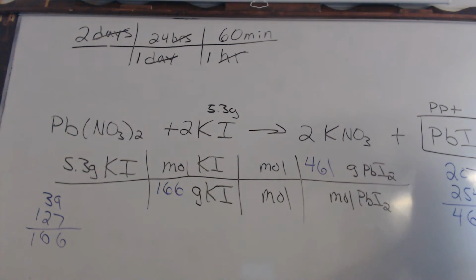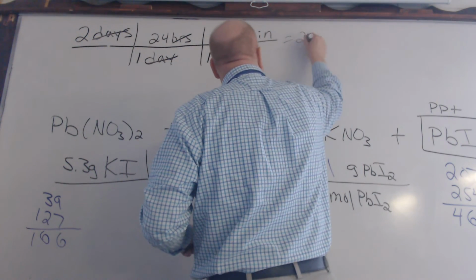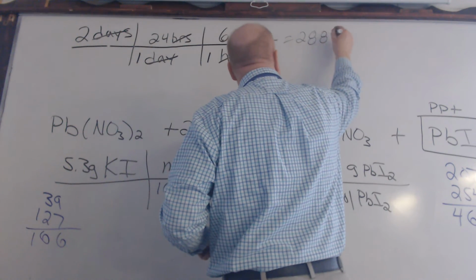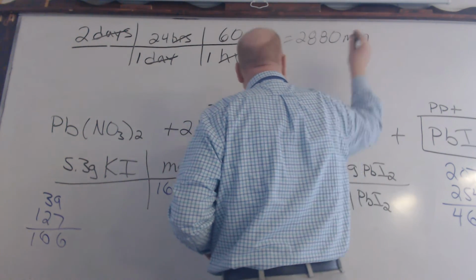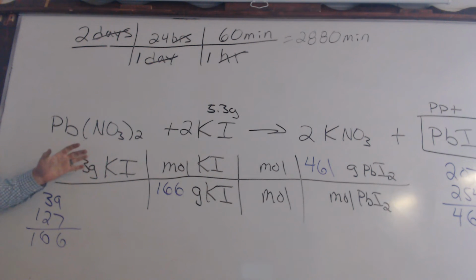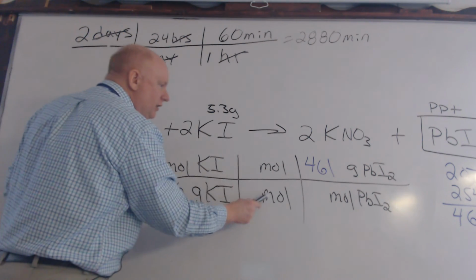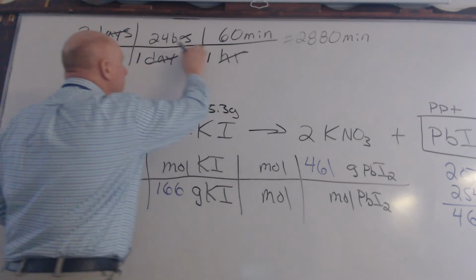That gives you 2,880. In 2 days, there is 2,880 minutes. So the concept for this is fairly similar. Notice that some of these are going to cancel each other out, just like what we did up here.